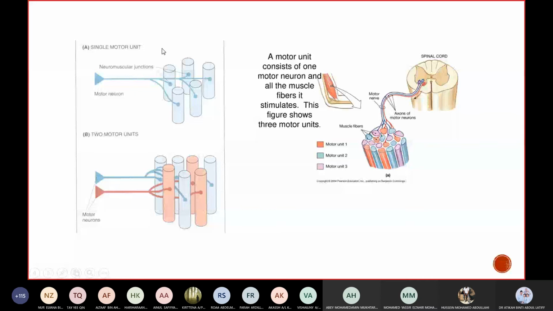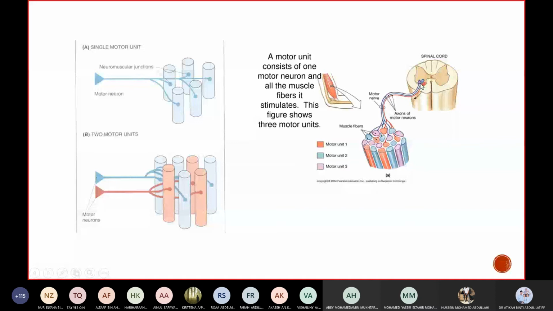We have 3 motor units: one in red, motor unit 1, one in blue, and one in purple. To recap, one motor unit is one nerve with all the muscle fibers it innervates. So if there are many nerves, then there are many motor units. The number of motor units depends on how many nerves there are.